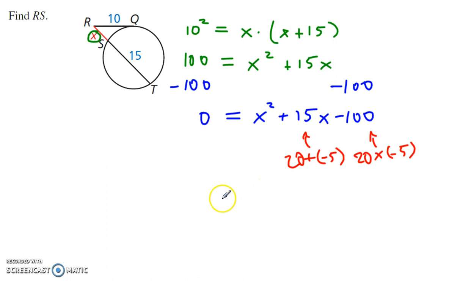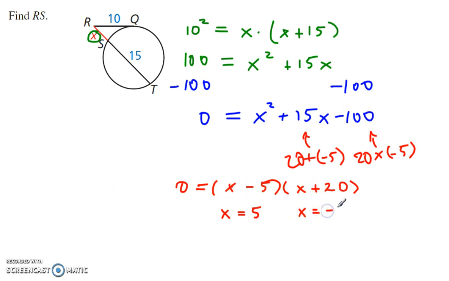So it's going to be x minus 5 and x plus 20 equals 0. Either x is 5, that would make this 0, or x is negative 20, that would make this 0.